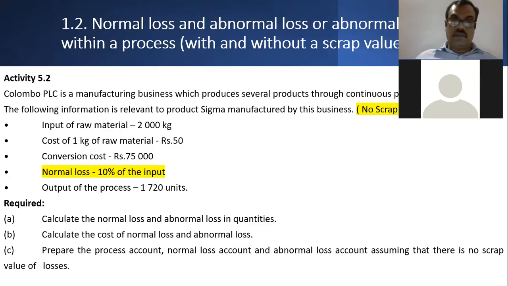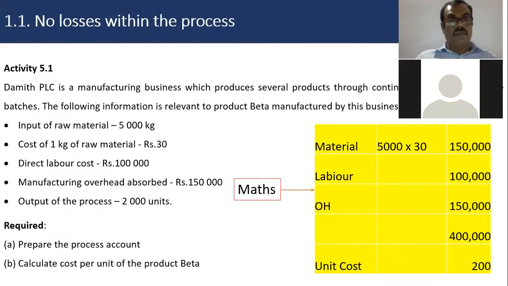So here we assume the output is 1700 units. After deducting the normal loss of 10%, 1800, therefore the 1:1 ratio is obvious in this case.